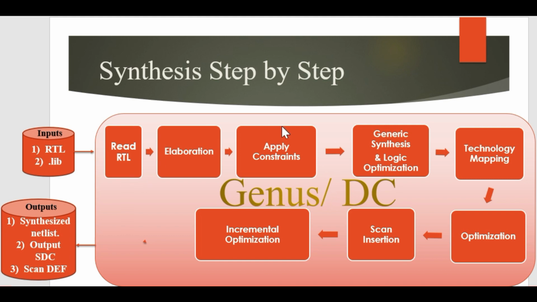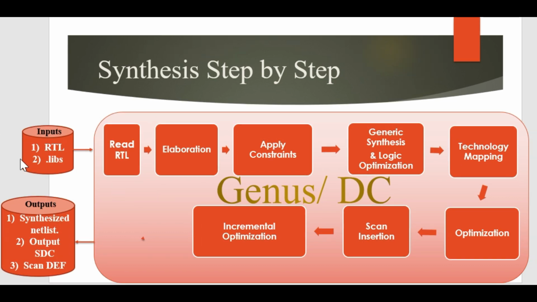Basically the concept is the same. As you can see, the input to this logic synthesis tool is RTL and .libs. These .libs are used at the technology mapping step. We know that during the technology mapping step, the internal representation of gates is mapped to technology specific gates. These technology specific gates come from .libs only.